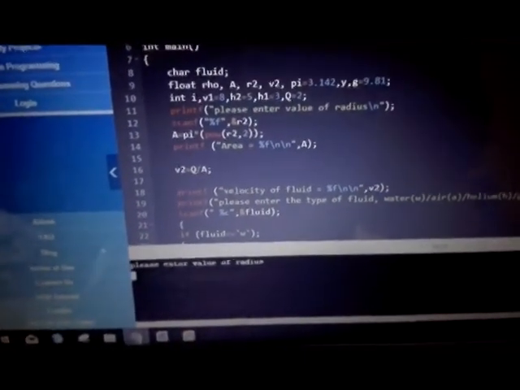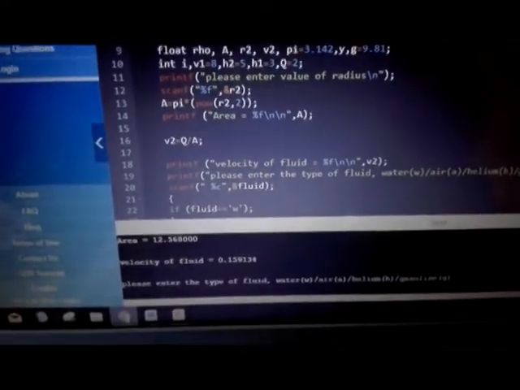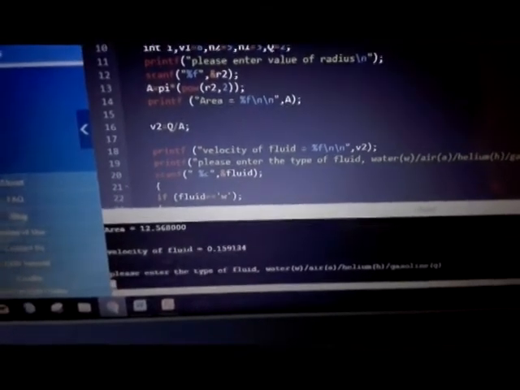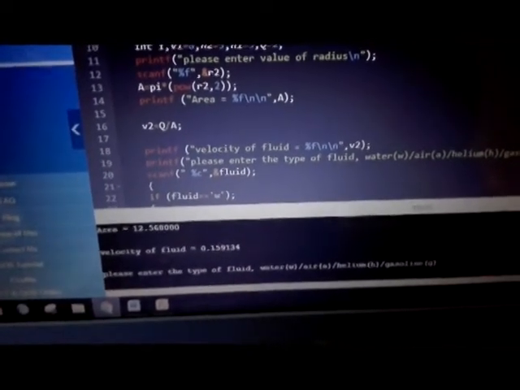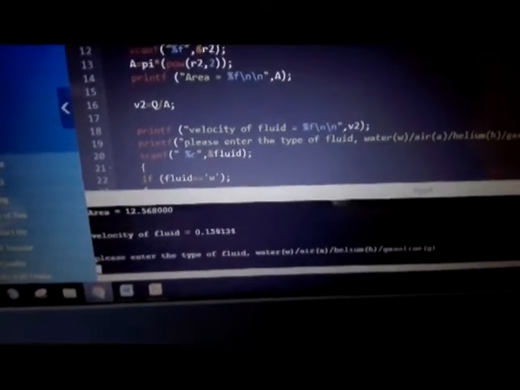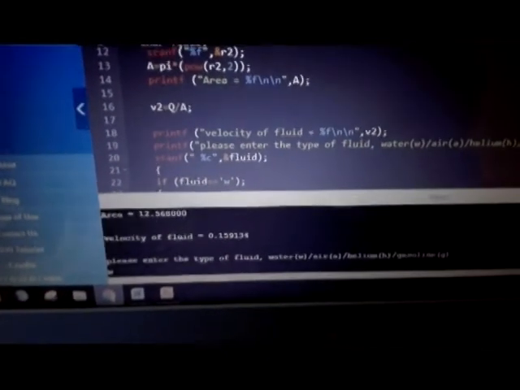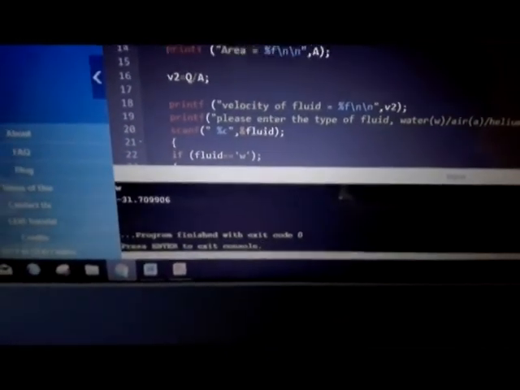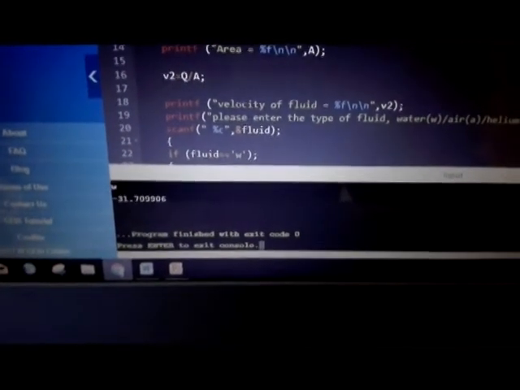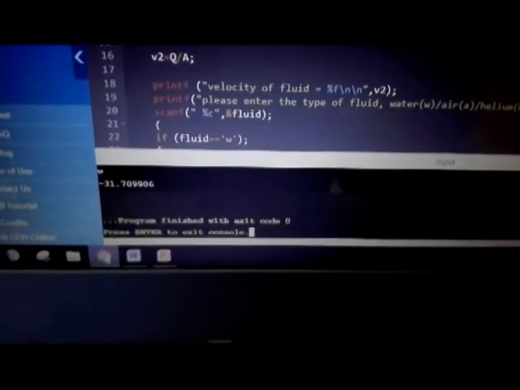For example, I will insert the value of 2, and next the program will ask for the type of density, whether it's water, air, helium or gasoline. For the example, I will choose water and click enter, and the program will give the answer, which is negative 31.70 Pascal.